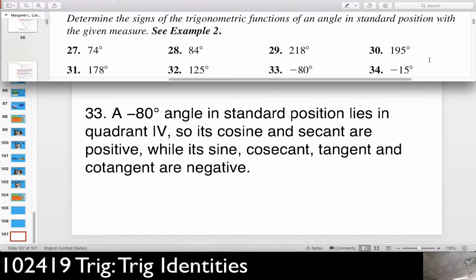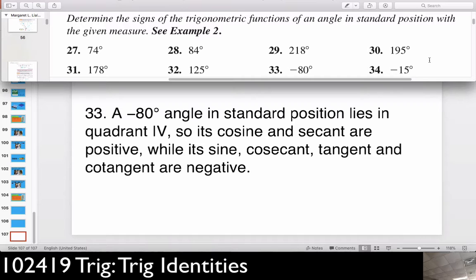And minus 80 is down here somewhere. So our x is positive, y is negative, and r is always going to be positive.